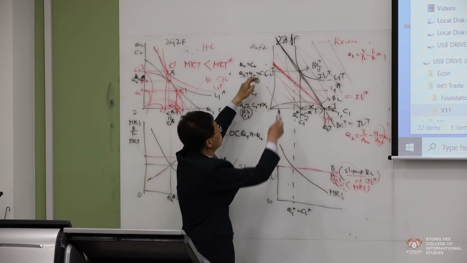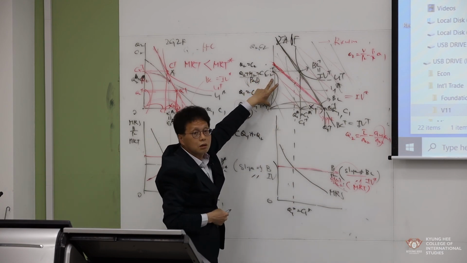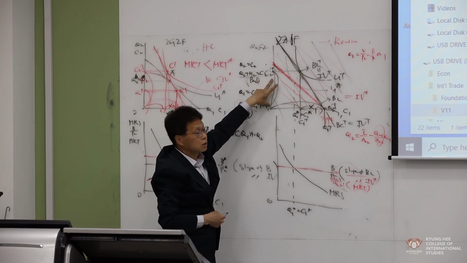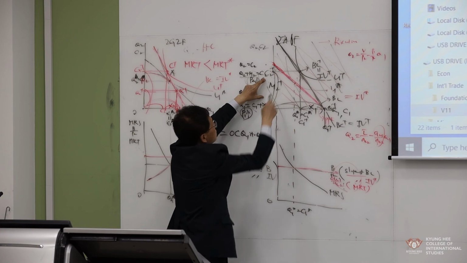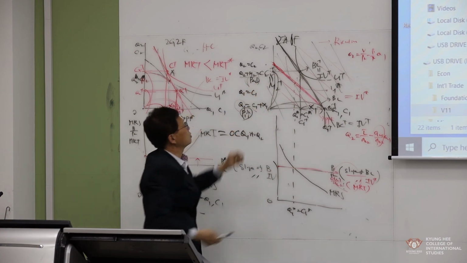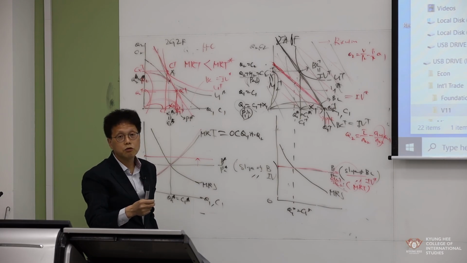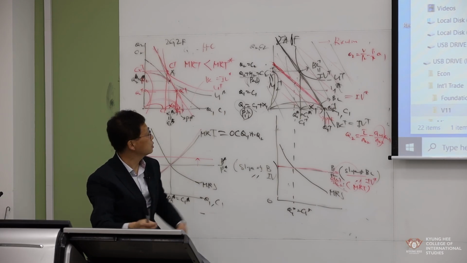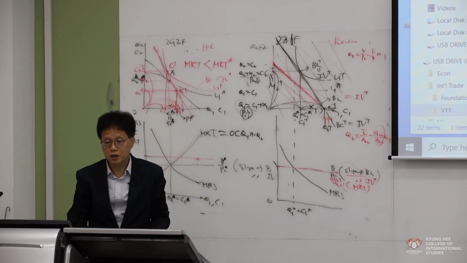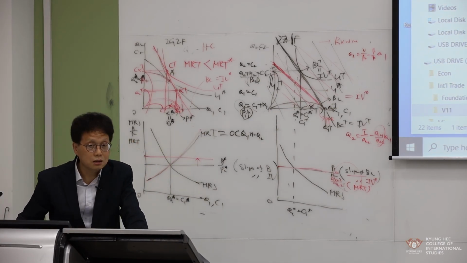But domestic consumption is C2T, right? So that is the importation of Q2. C2T is equal to M2T, most supplied by foreign. Okay? That is the conclusion, the graphical illustration of the Ricardian model.